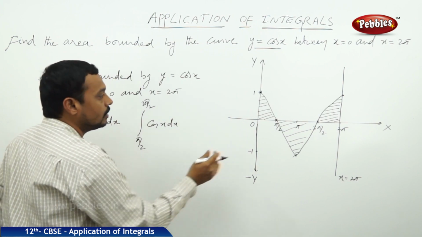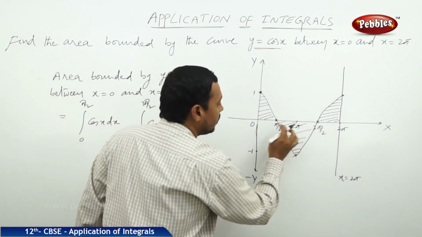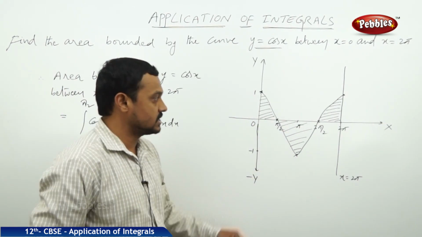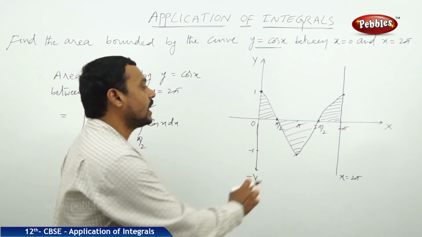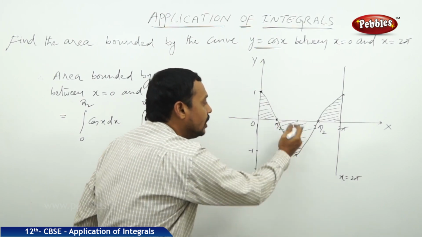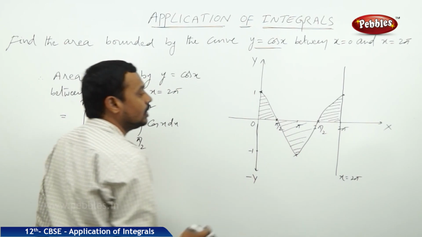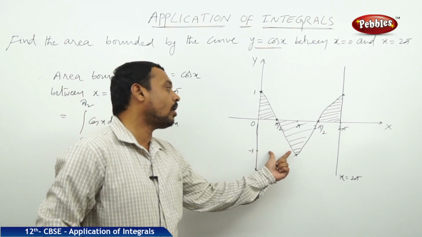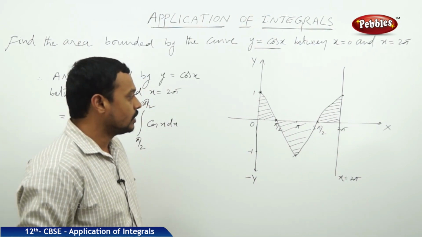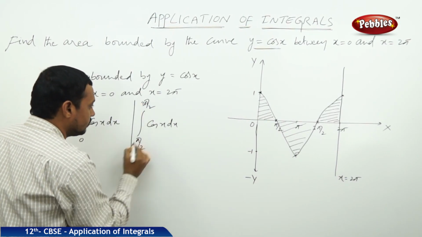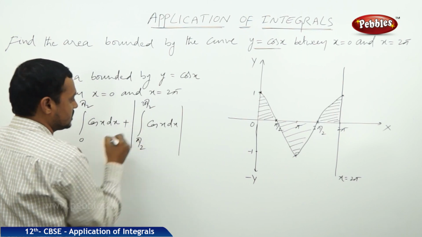You know, here the region between pi by 2 to 3 pi by 2 is below the x-axis, so the area below the x-axis gives a negative value. I mean the integral value is negative, but we know that the area of any region is positive, so we should consider the modulus of this integral, plus.